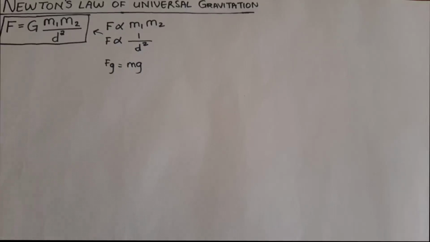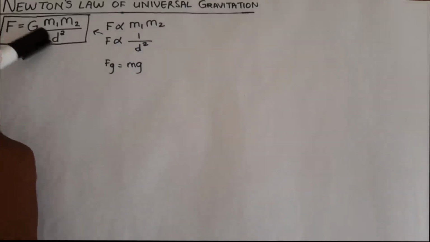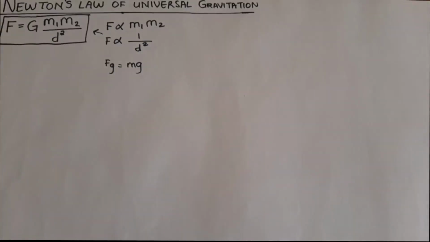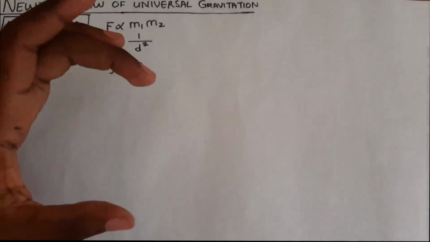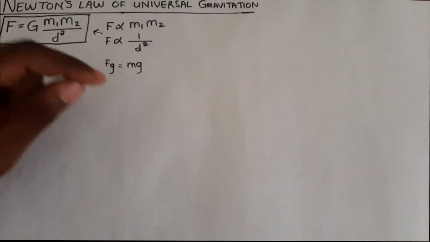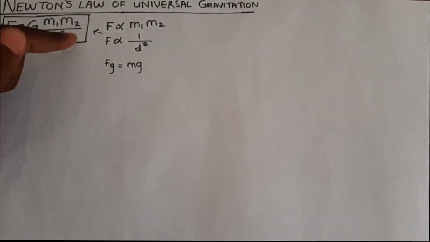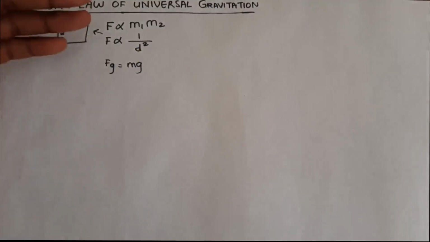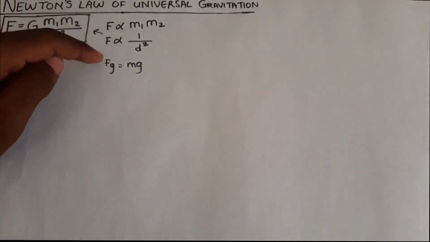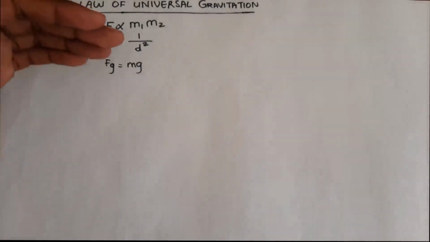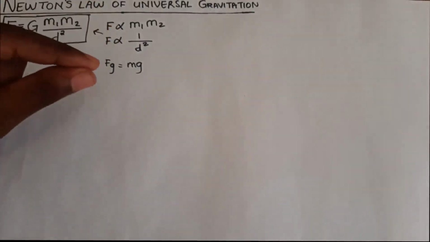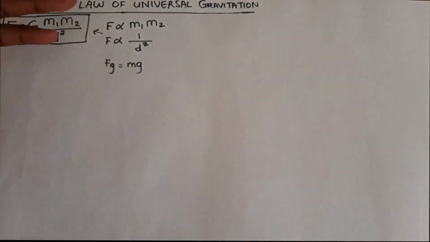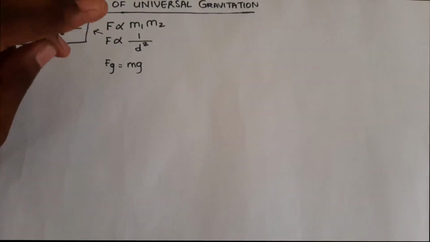If this formula is the same as this formula, one thing we should know is that we also have the gravitational acceleration, which is a different concept to the gravitational force. Most of you like to confuse the two.